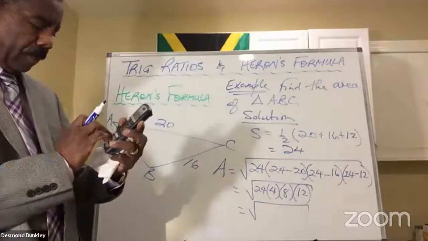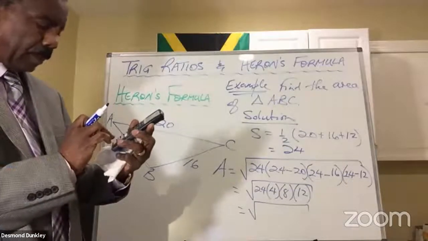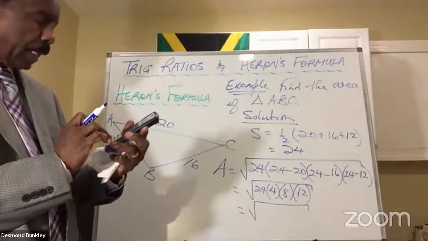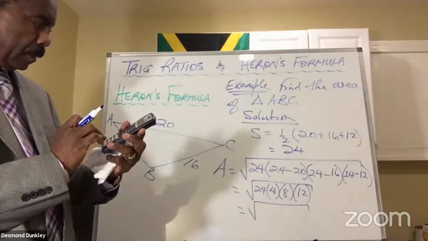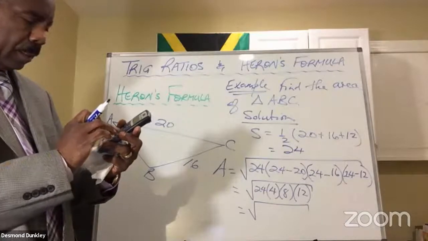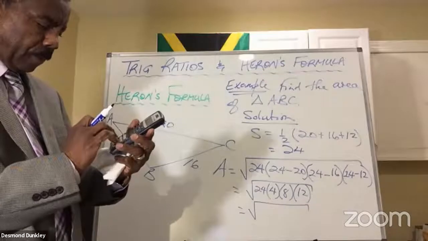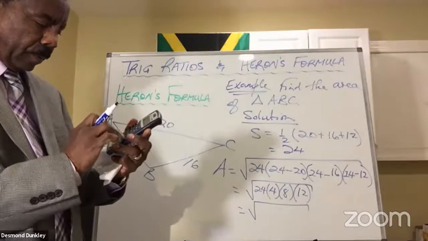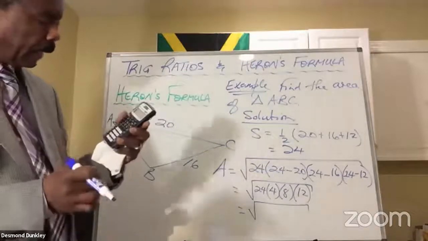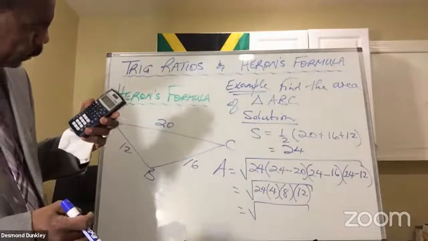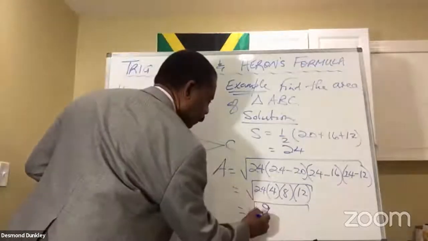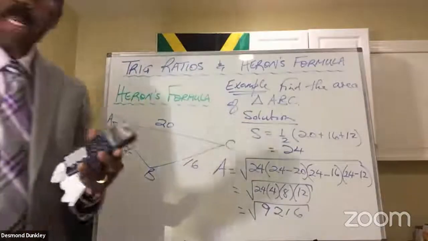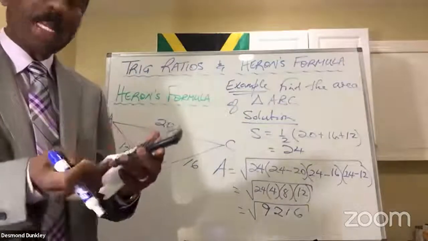So it's 24 times 4, 96, times 8, sorry, mistake. So it's 24 times 4, 8, 32 times 12. And that gives us 9216. I like to double check my numbers because it's a habit that I have.